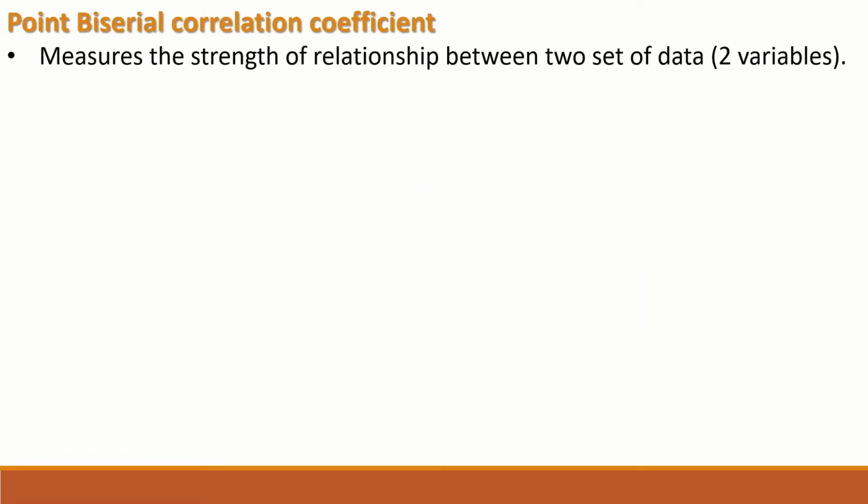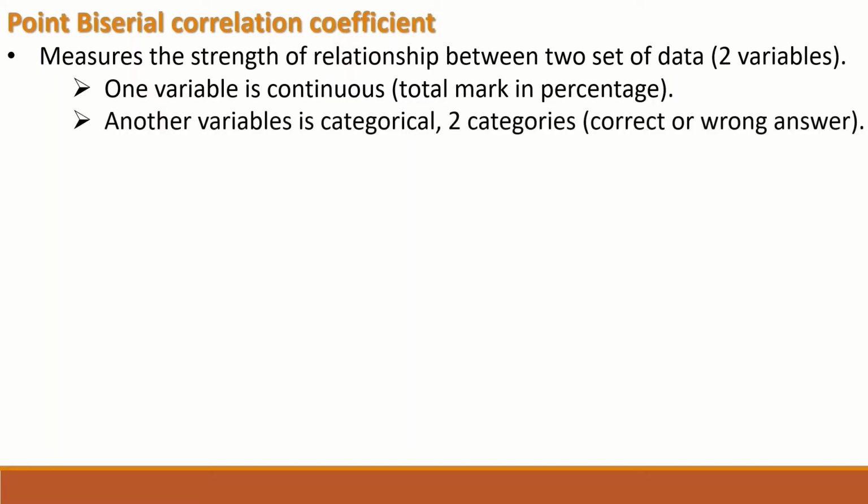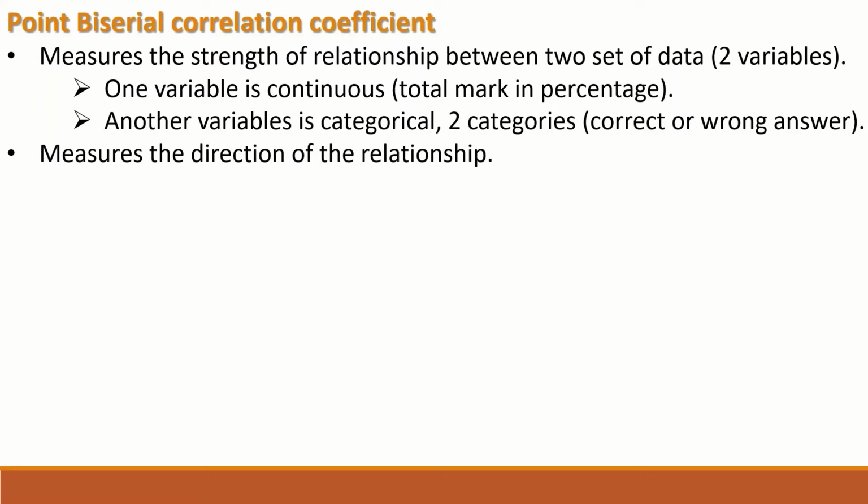It does measure the strength of the relationship between two sets of data. So here in this case we have two variables. We need to correlate two variables with each other. One of the variables is continuous, such as the total mark, which is in percentage from 0 to 100, and the other variable is categorical, with two categories, correct or wrong answer.